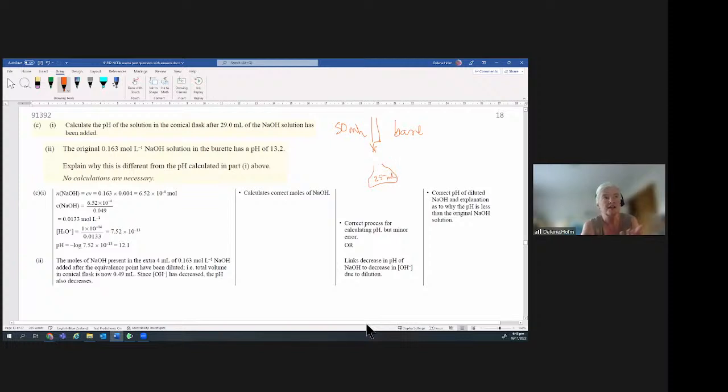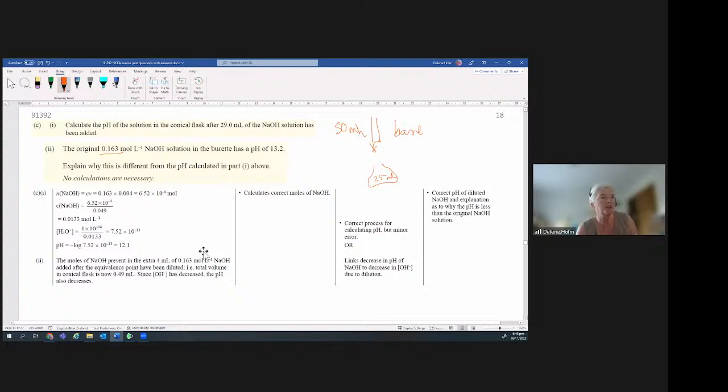If I mix those two together, I'll never reach a concentration of 0.163 because 50 plus 25 is 75. So even though I've got a lot of excess of base, I've diluted that solution, and therefore it'll never reach that.